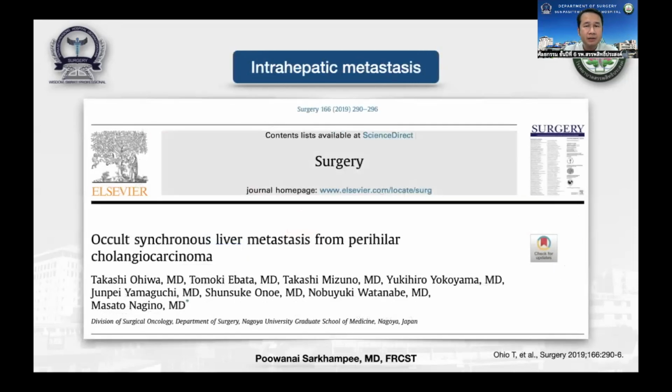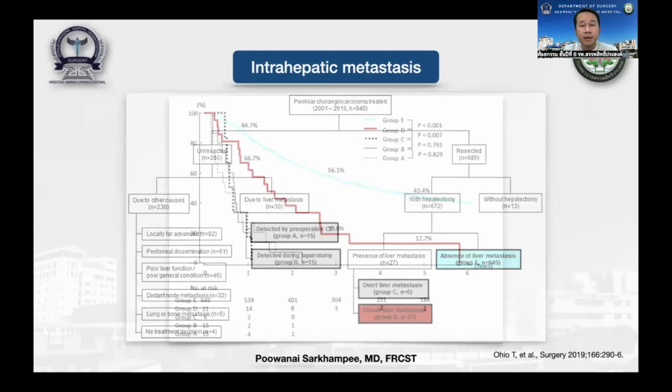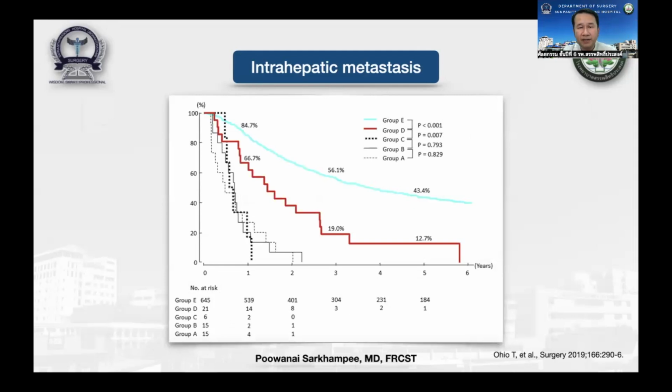Okay, and we talk about the intrahepatic metastasis. This paper from the Nagoya group divides the patients into resectable and unresectable cases, and they look at the pathological report. This is occult metastasis, which means they resected the patient and the pathological report showed occult hepatic metastasis. They show this is no metastasis, this is the occult metastasis, this is the obvious metastasis.